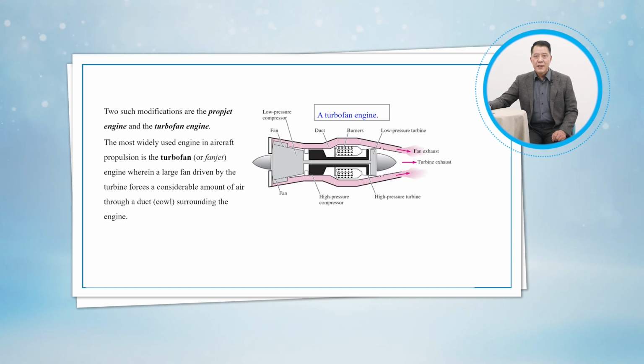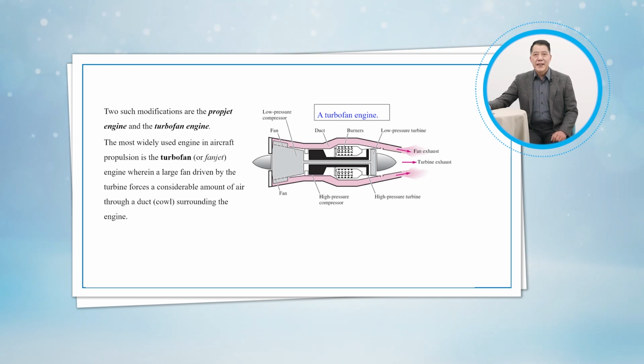The most widely used engine in aircraft propulsion is the turbofan engine, wherein a large fan driven by the turbine forces a considerable amount of air through a duct surrounding the engine. The fan exhaust leaves the duct at a high velocity, enhancing the total thrust of the engine significantly.